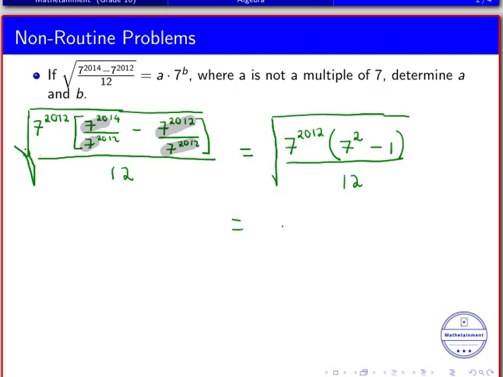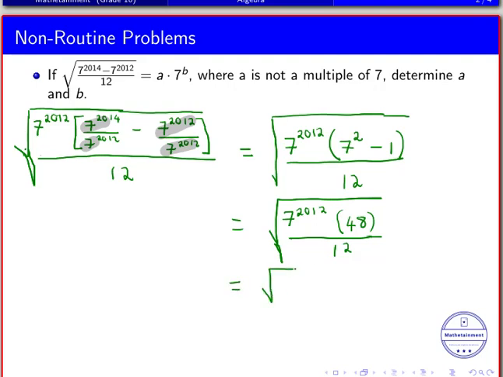See, our problem is getting simpler and simpler. We still have this square root, and then 7 to exponent 2012. 7 to exponent 2 is actually 49, and 49 minus 1 is exactly equal to 48. And remember, we are dividing by 12, and the 12 is still under the square root.